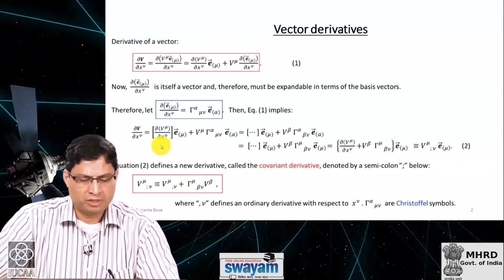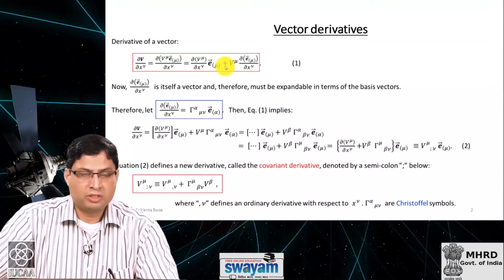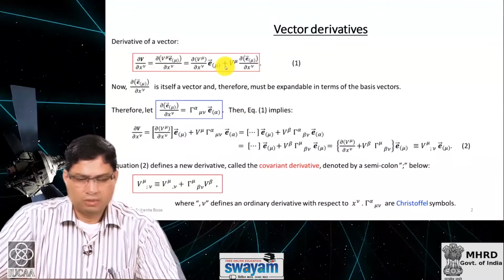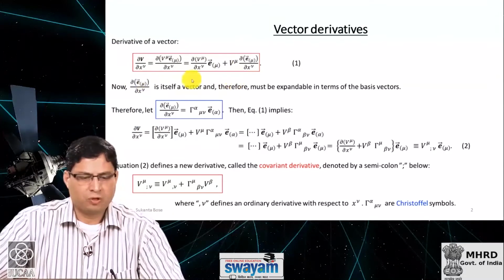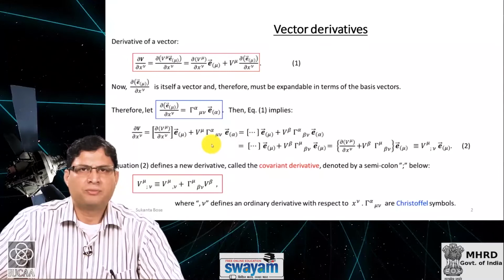So bear with me here as we go through this carefully. So beginning with the equation in box 1, we go back to equation 1, and what we do to work out equation 2 is first replace this derivative of the basis vector in terms of this expansion in the 4 basis vectors. So that gives me 2 of these terms.